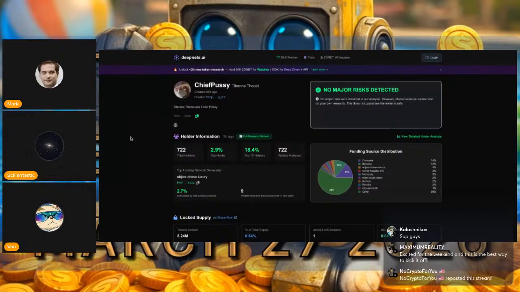That's right. Look, and the funding distribution is really nice. That's so clean. That's so helpful. Like I said, a lot of times these new tokens come out, one of the biggest things that you can look at is where's the money coming from. So the information you're providing here is hugely important. You've got your locked supply, all this other great information on here, and Chief Pussy's coming up green, which is great.